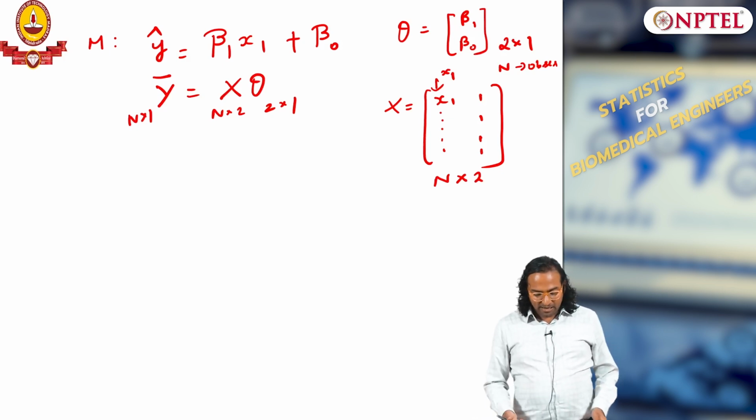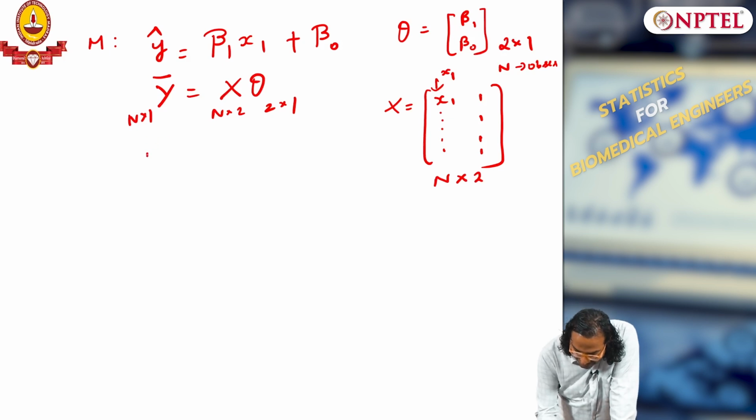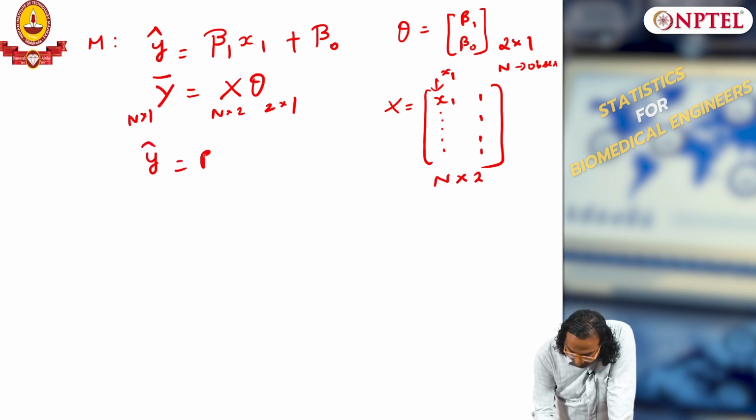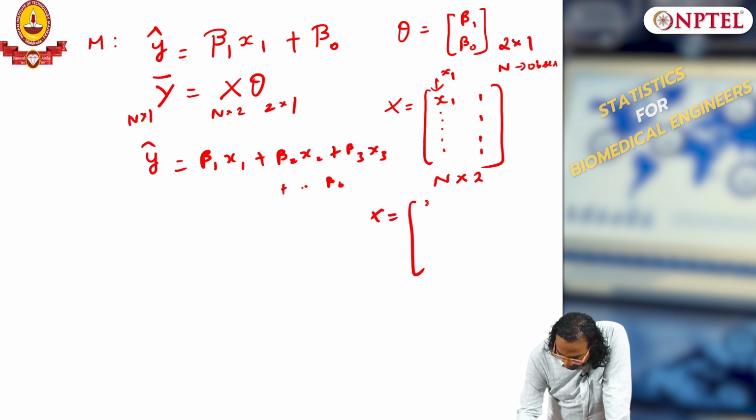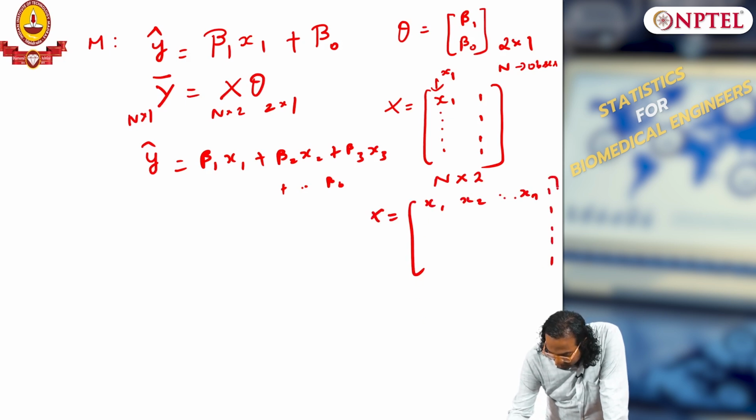because the weightage for beta naught is 1, and this gives me an idea to extend it easily to what? Let us say I have multiple variables, then this gives me an easy way to extend it, where x will be x1 up to xn times 1, right. So, this will become what? N cross, let us say there are m variables.